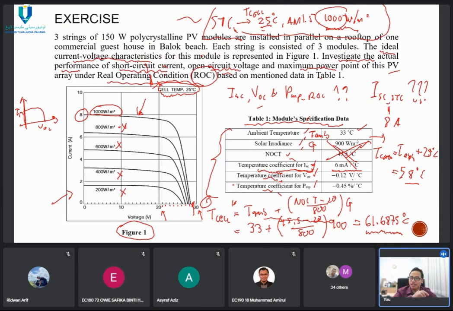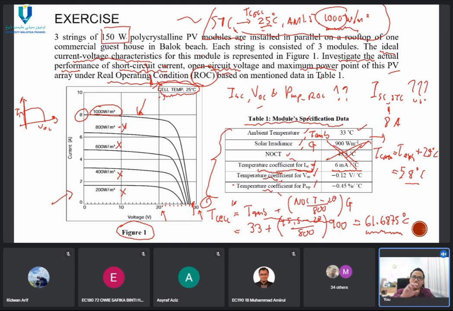Alright. So, basically VOC, ISC, PMP we get from the datasheet. But this time, the table 1 is not given details about the STC values for VOC, ISC and the PMP. Okay, PMP very clear. PMP in the question is mentioned clearly already.